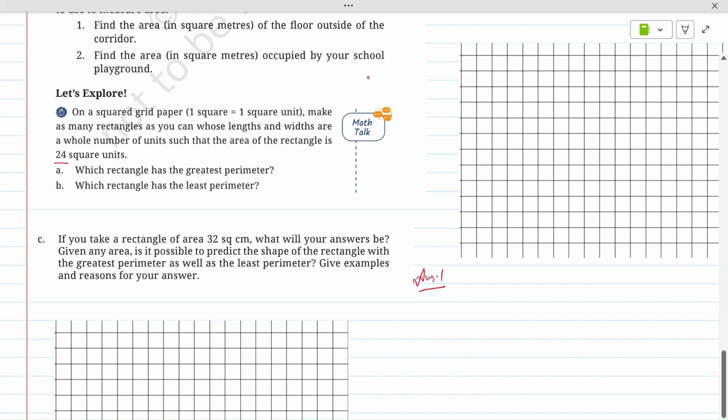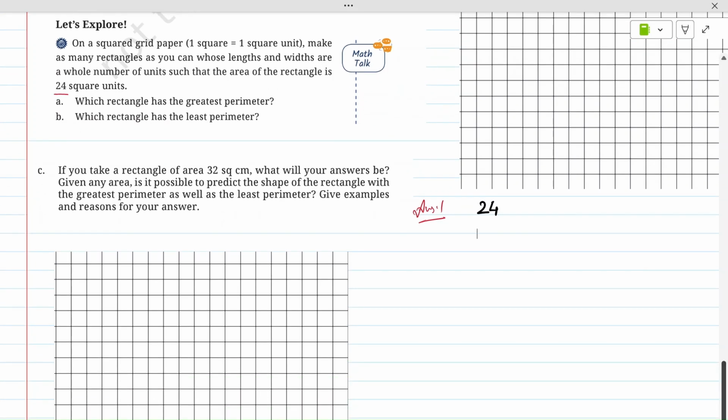So before we draw, let us first try to break down answer 1. Let us try to break down 24 into different parts. Since we know that the area of a rectangle is equal to length into breadth, and we want to make different rectangles such that length and breadth can vary but the area should be the same, the best is to use the factors of 24. First way is 24 multiplied with 1, where length can be 24 and breadth can be 1.